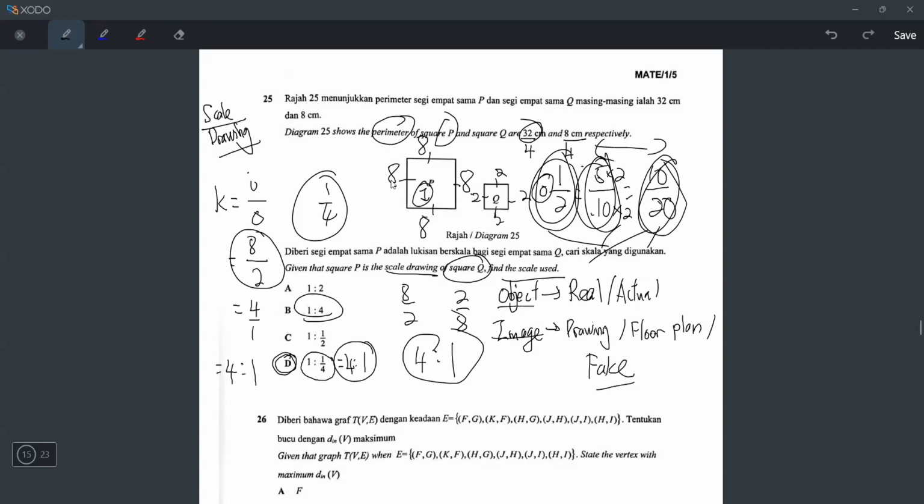So let's say we have a Christmas tree. And this Christmas tree is very tall.